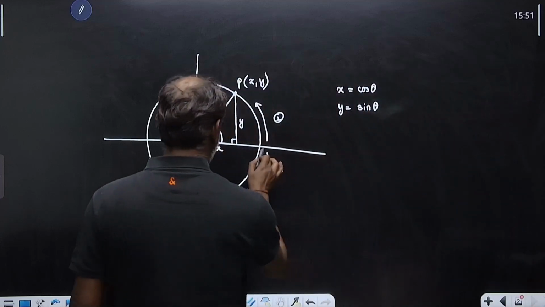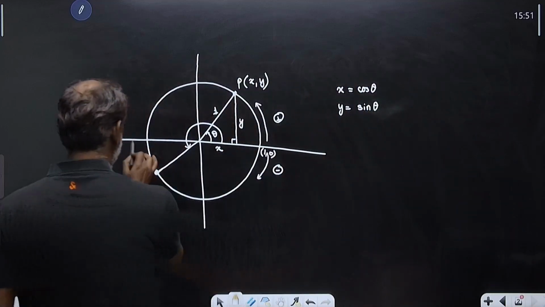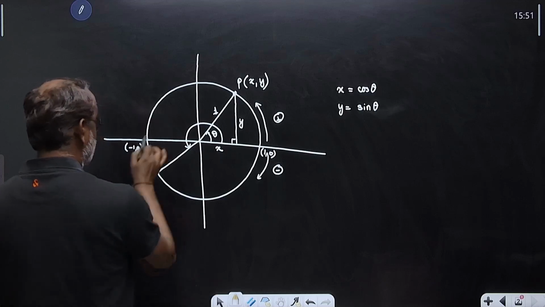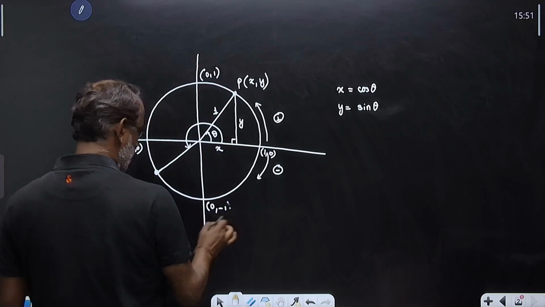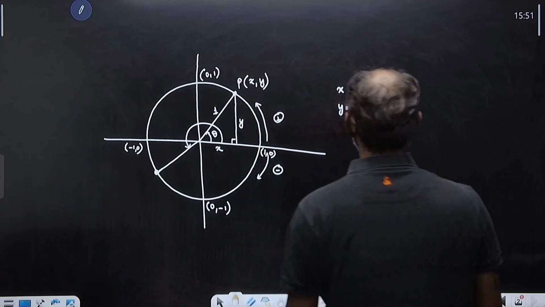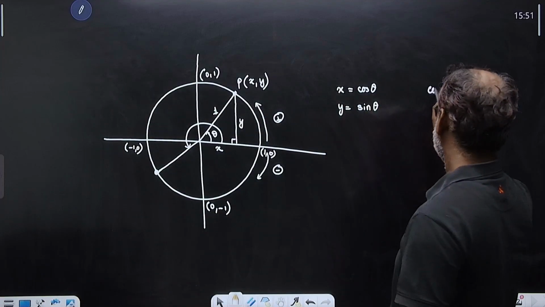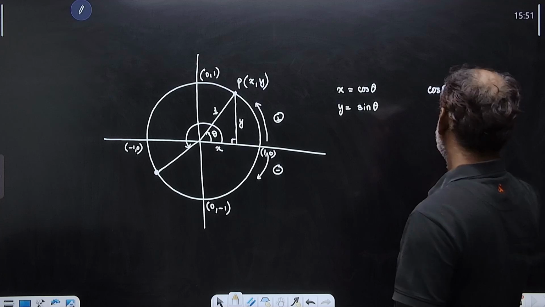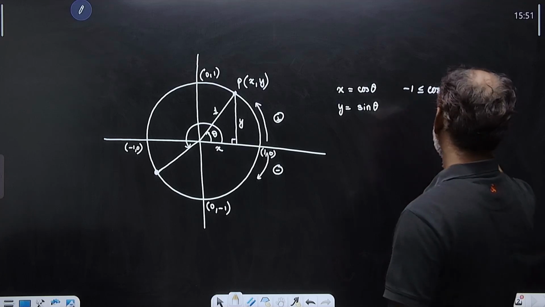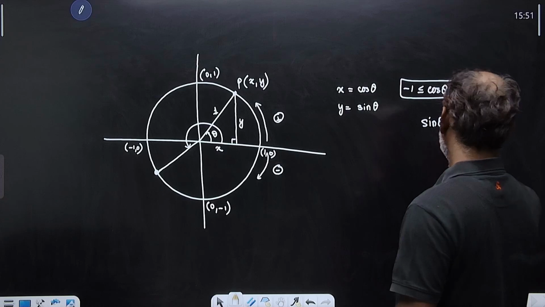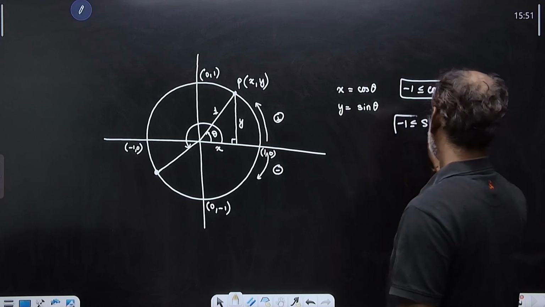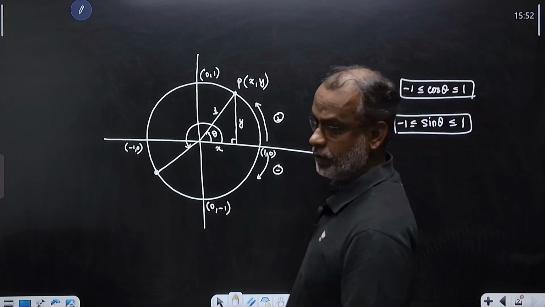So, from here you can understand that the x coordinate can at max be 1 and least be -1. So is the case with the y coordinate. So cos theta always lies from -1 to 1 and sin theta always lies from -1 to 1.